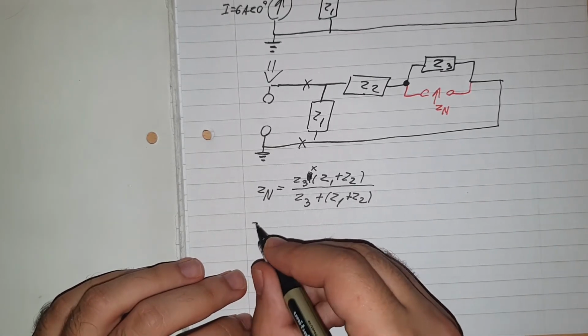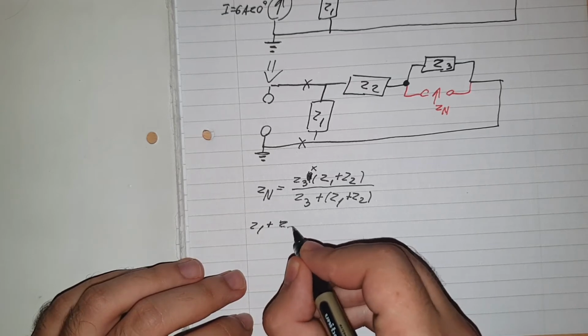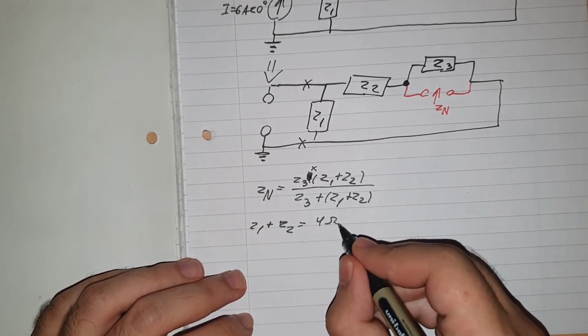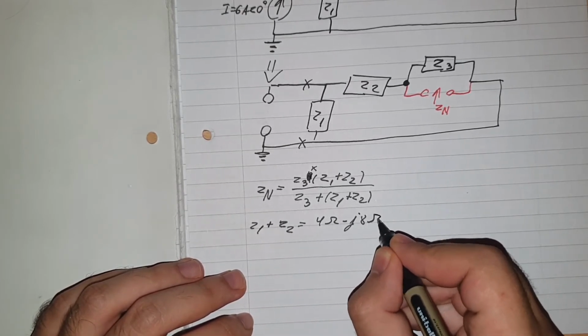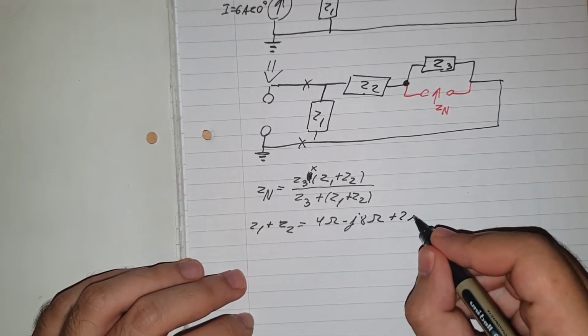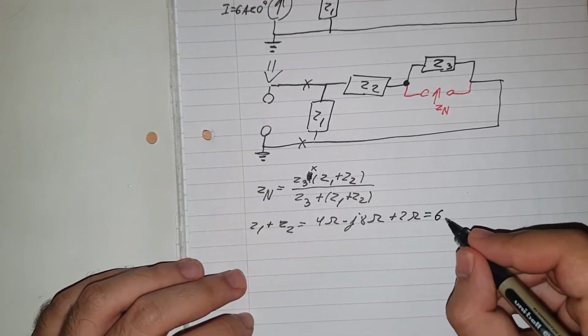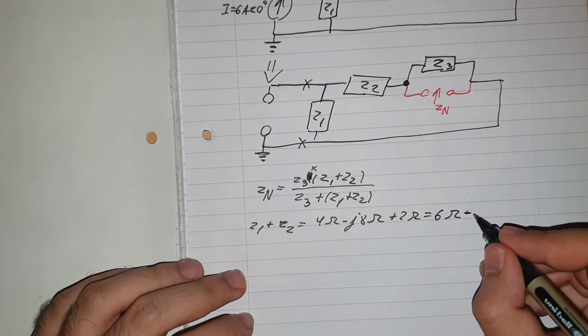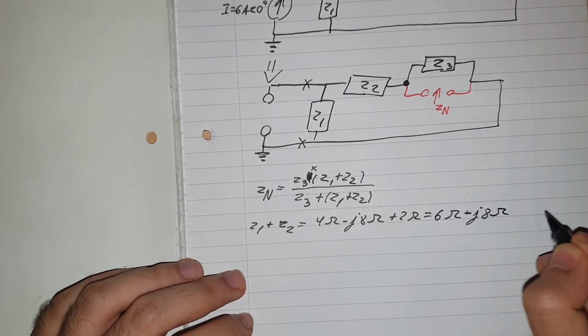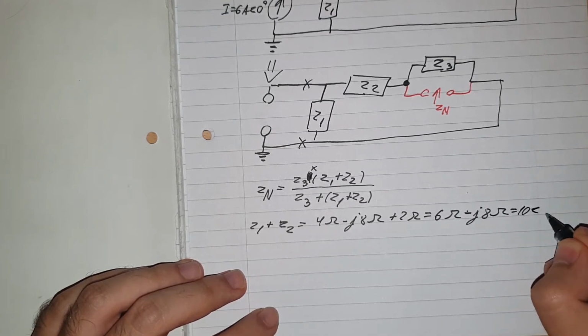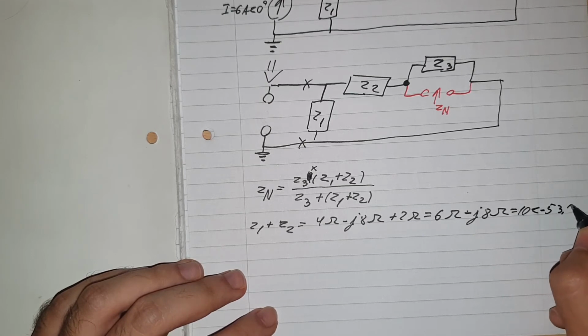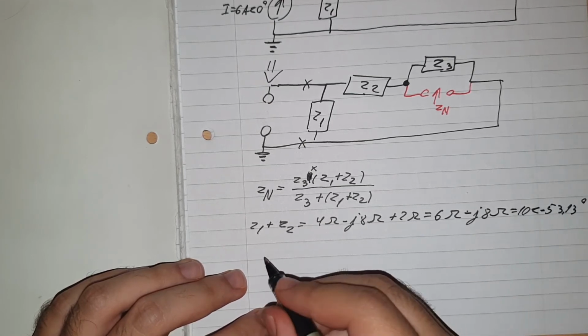Okay, so then Z1 plus Z2 would be equal to 4 ohms minus j8 ohms plus 2 ohms. That would be equal to 6 ohms minus j8 ohms. And that would be equal to 10 at an angle of minus 53.13 degrees.